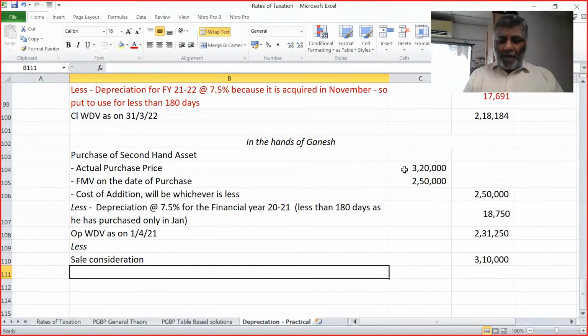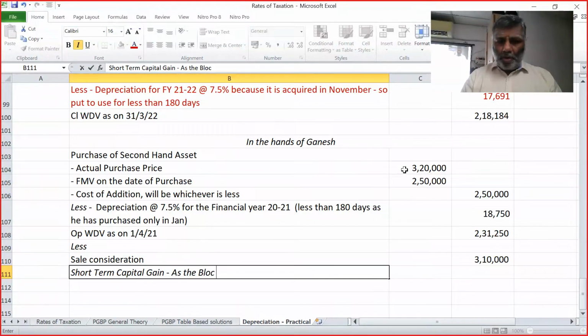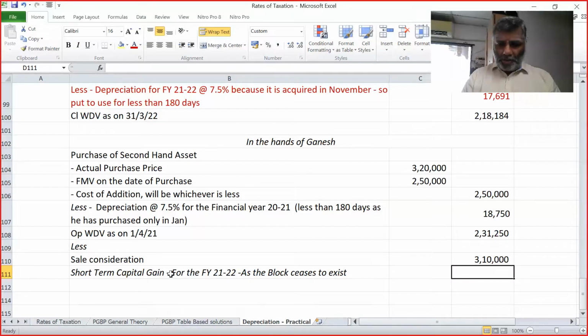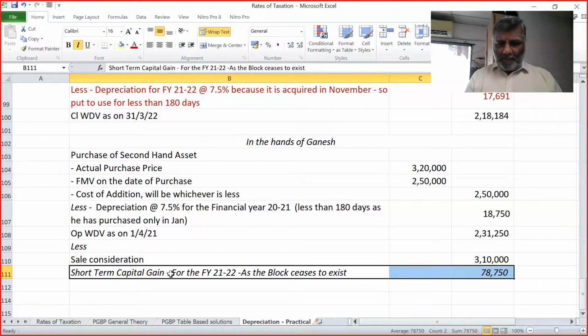So 3,10,000 short term capital gain, as the block ceases to exist. Short term capital gain for the financial year 21-22 as the block ceases to exist. It is 310 minus this one, 78,750.